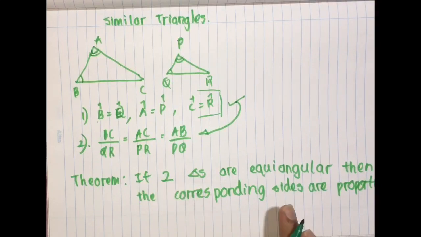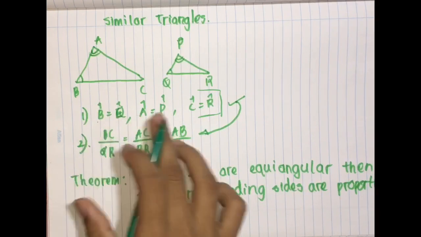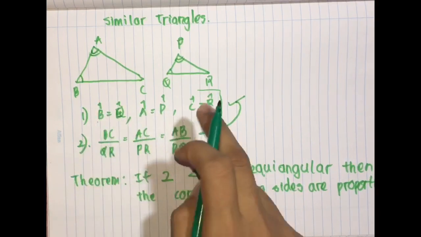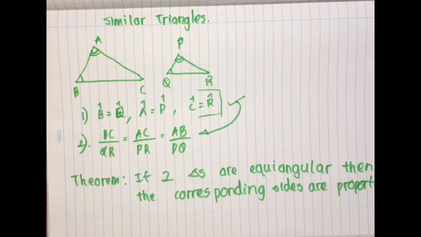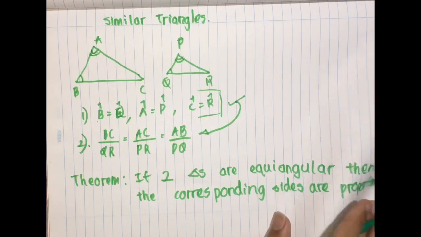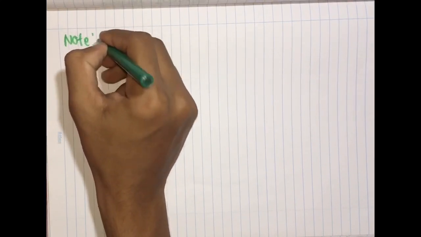If two triangles are equiangular, that means the angles are equal to each other like this, automatically you can say that their sides are in the same proportion. Is that clear? Now I told you there is an important part, a special note for triangles. Let us check what that note is about.